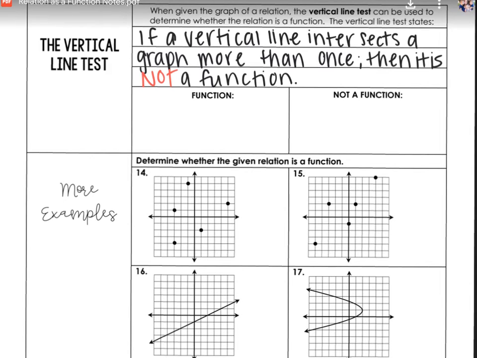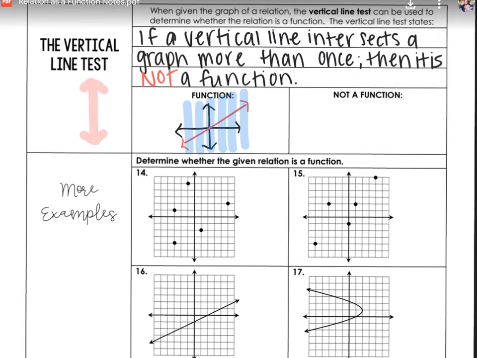So just a reminder, a vertical line goes straight up and down. So if I'm going to look at this x and y axis, and my graph looks something like this, this is a function, because if I drew in vertical lines that went straight up and down, it only touches my red line at one point.